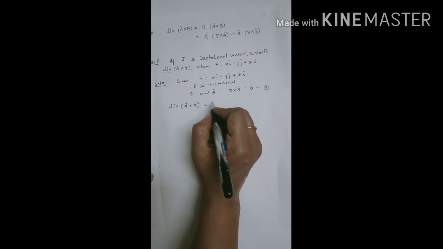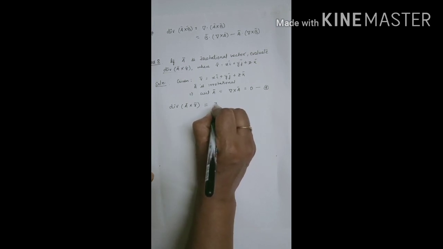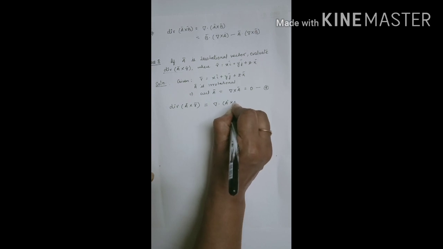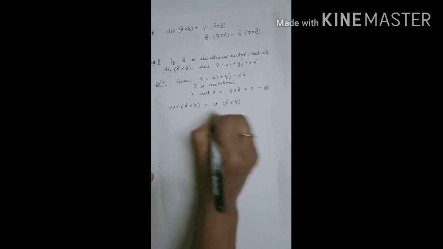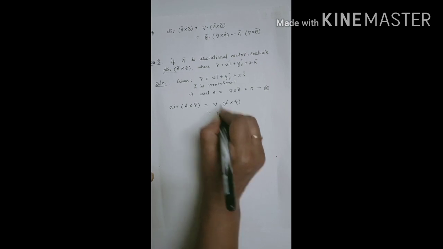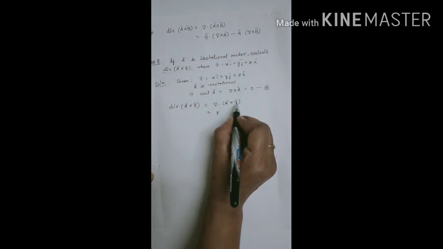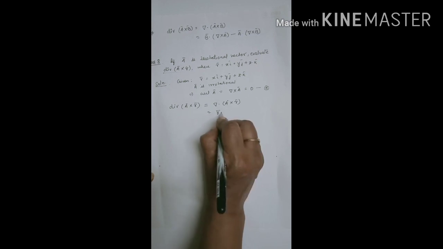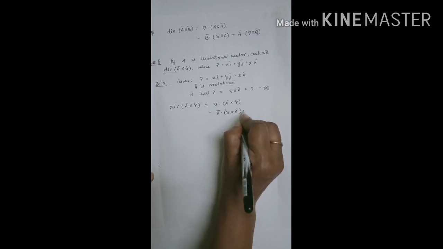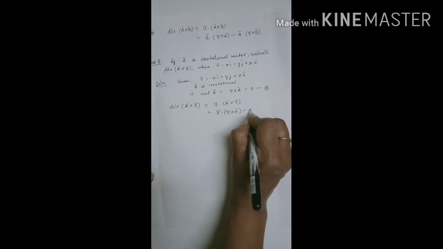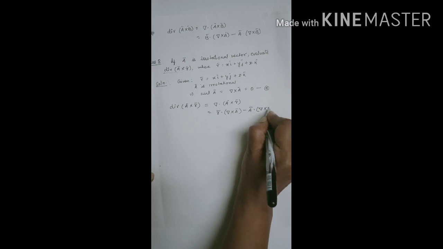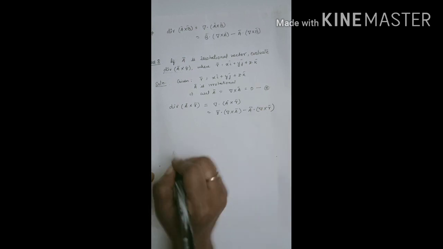So this can be written as del dot A cross vector R, which is nothing but B dot del cross A minus A dot del cross B. For B we have vector R.